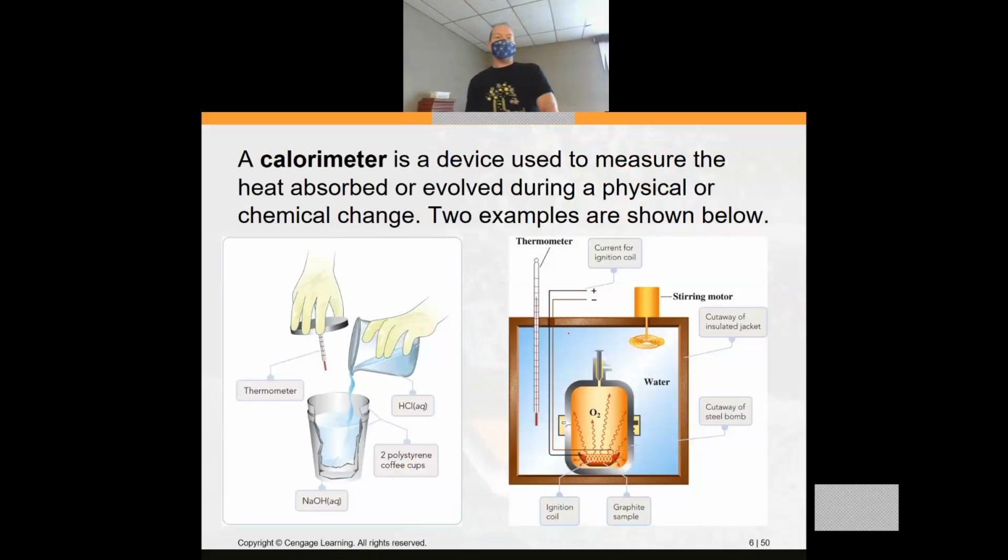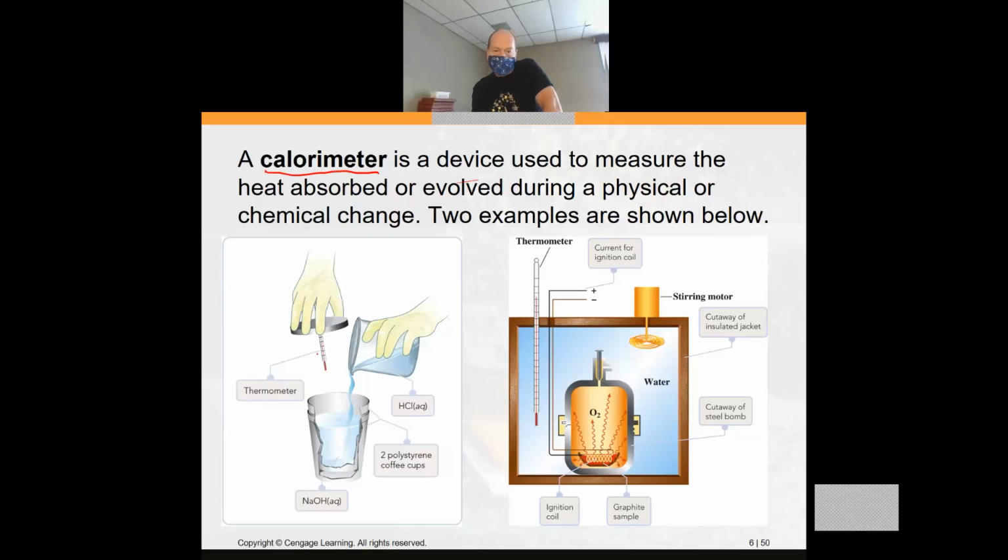All right. So if you want to measure the heat absorbed or released in a chemical reaction, you use a calorimeter in the lab. We use a coffee cup calorimeter. Basically, we don't want any heat being lost to the surroundings, so we use an insulated cup, and a nice styrofoam cup works very well to keep that heat inside the container.